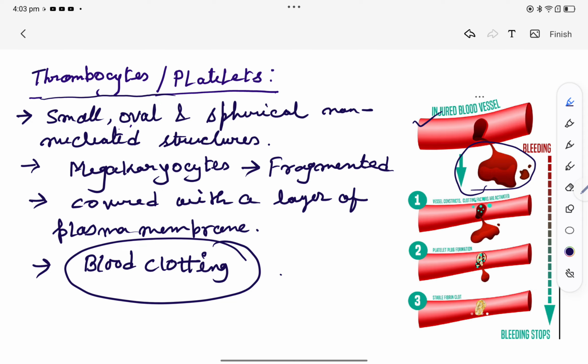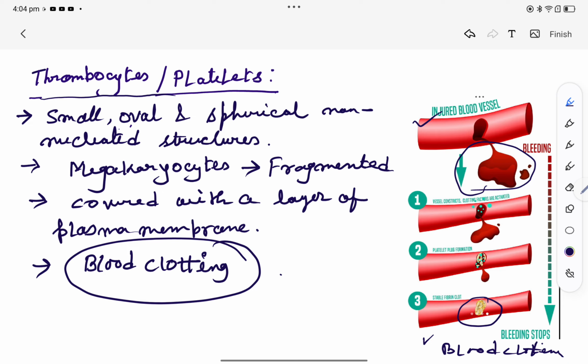After this jelly-like material is formed, the blood flowing from the injured blood vessel is stopped. So this is what blood clotting is. Now this helps us prevent blood loss. If by some chance we got a cut or any of our blood vessels is injured, and this blood clotting doesn't take place, what will happen?